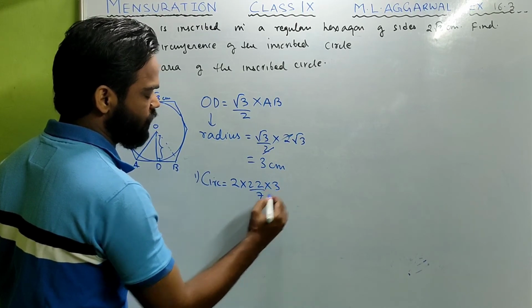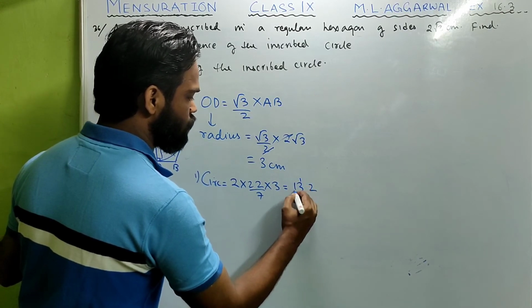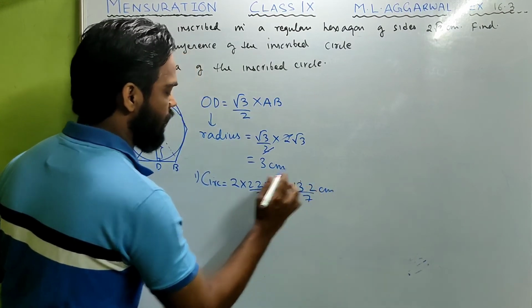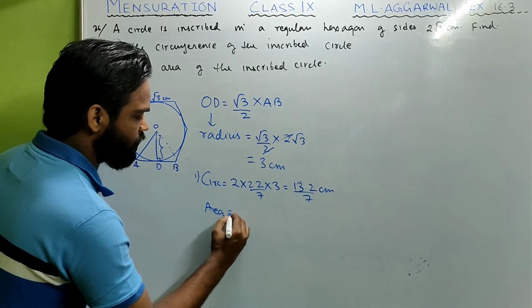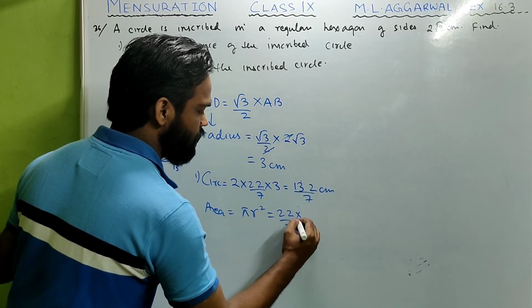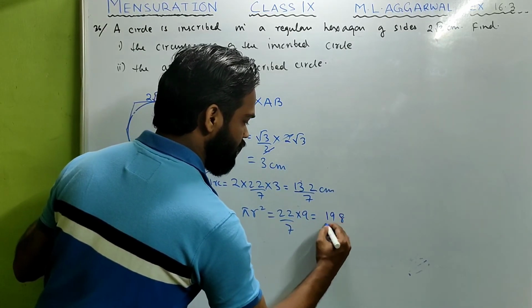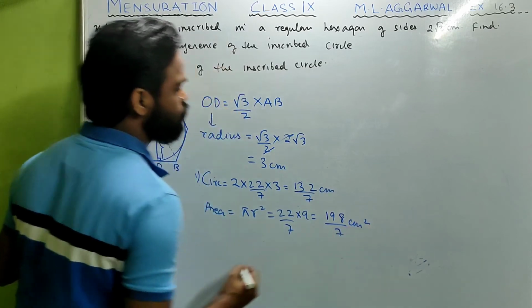That's 132 by 7 centimeter, and the area is nothing but pi r square. That's 22 by 7 into 9, because 3 square will be 9, so 198 by 7 centimeter square.